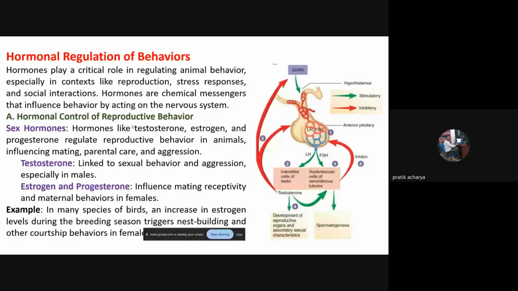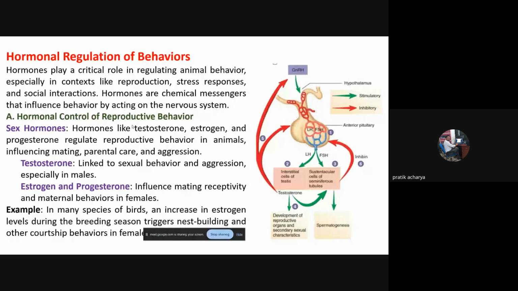In case of male, testosterone; in case of female, it is estrogen and progesterone. Testosterone is secreted by the male primary sex organ, the testis, and estrogen and progesterone are secreted by the female primary sex organ, that is the ovary. Both are very influential in sexual behavior and sexual aggression, especially in male.